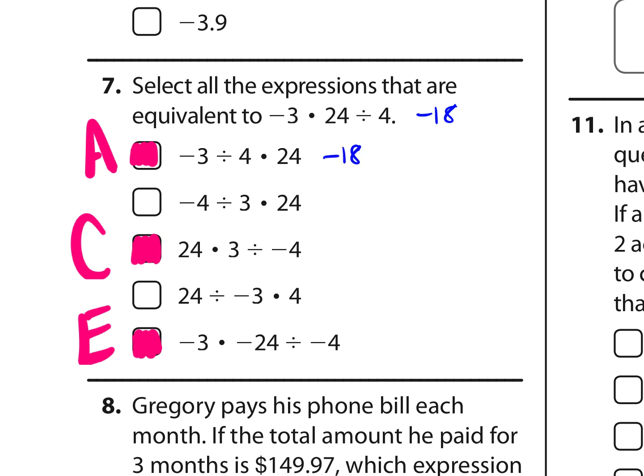Then the next one, negative 4 divided by 3 times 24 is negative 32. Then we have 24 times 3 divided by negative 4 is negative 18. 24 divided by negative 3 is negative 8 times 4 is negative 32. And 3 times negative 24 is 72 divided by negative 4 is negative 18. So A, C, and E match.